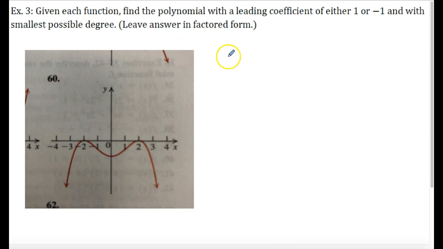So I've got zeros at negative 2 and positive 2. Both of those just touch the graph. So x equals negative 2 would have an even multiplicity, and x equals positive 2 with an even multiplicity.